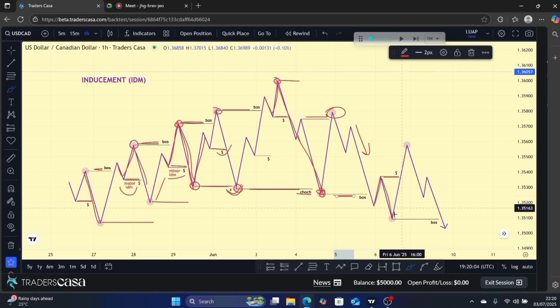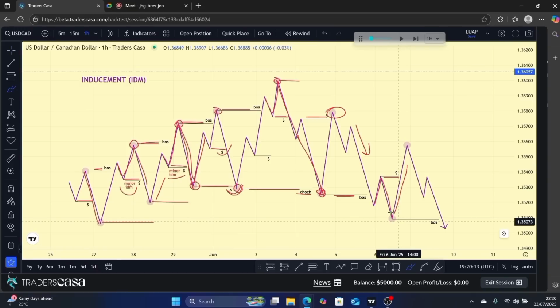Then you can clearly see price retraced back and took out the major inducement. This means price has confirmed this low to be a swing point, as price retraced back and grabbed this.